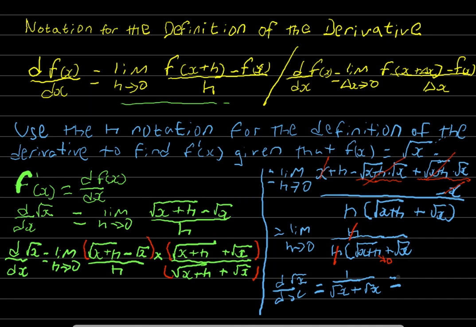And this will give us 1 all over 2 square root of x.